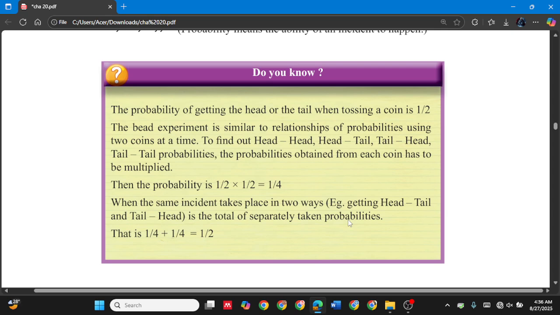So the probability is half into half, which is 1 over 4. When the same incident takes place in two ways, getting head-tail and tail-head, the total of the separately taken probabilities is 1 over 4 plus 1 over 4, so it's 1 over 2.